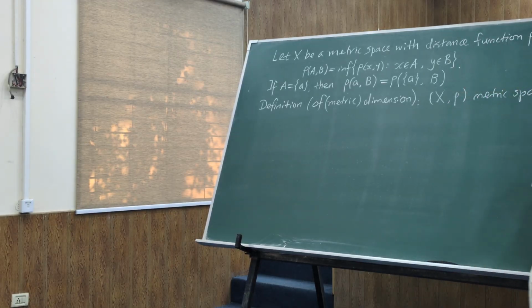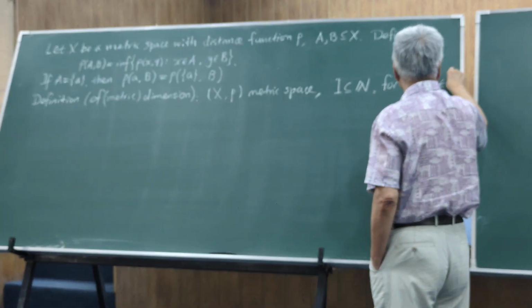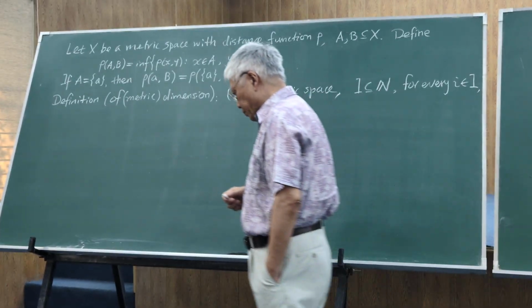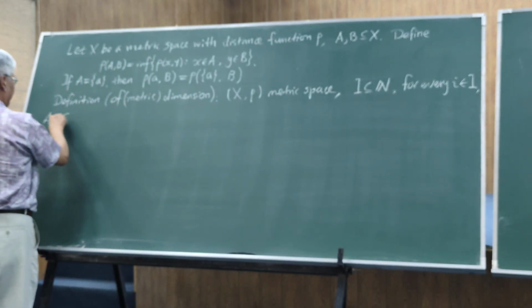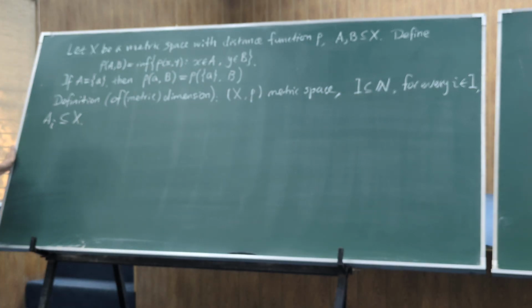And we take a subset of natural numbers, and assume that for every index from this subset, E sub I is a subset of the metric space. We are taking, for an index set, subsets. You can say that it is a sequence of subsets. Actually, it's a collection of subsets.